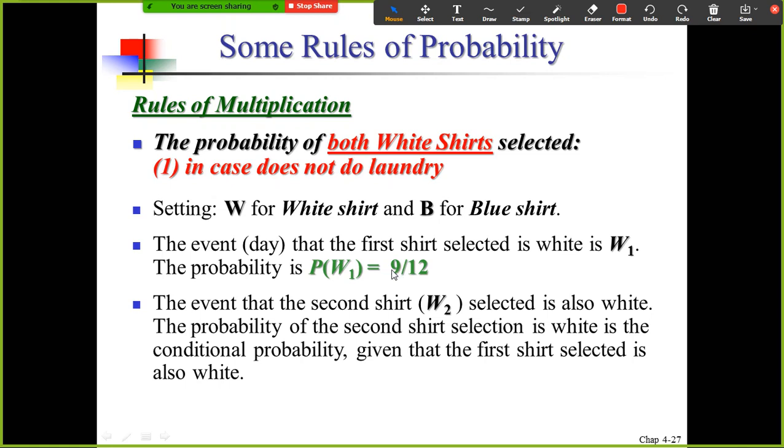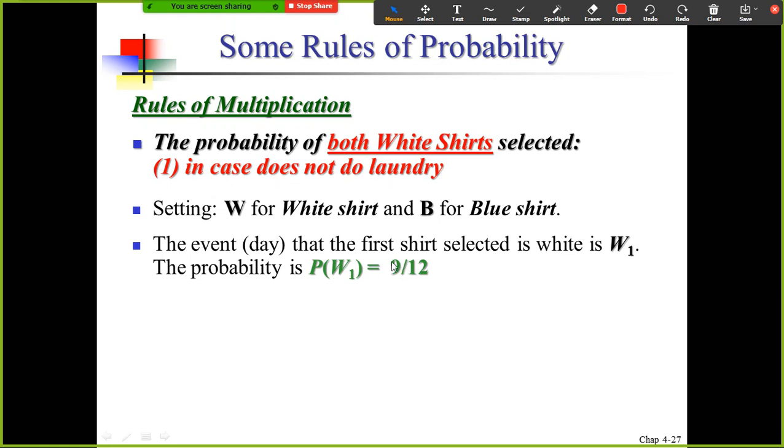Okay, why is it 9/12? Because in the closet, how many white shirts? 9. We want to see white, so how many white do we want to see? 9 among a total of 12.